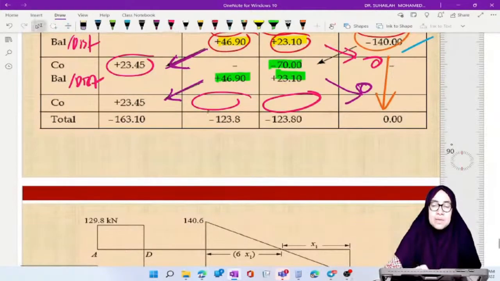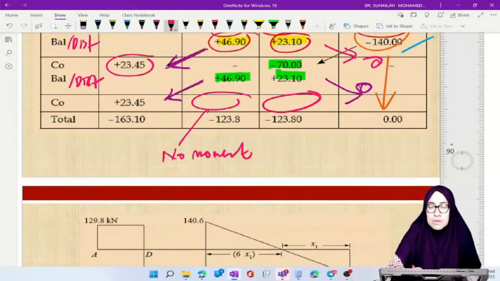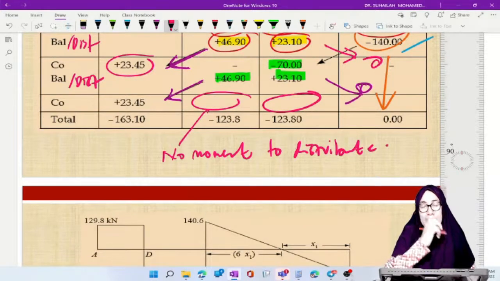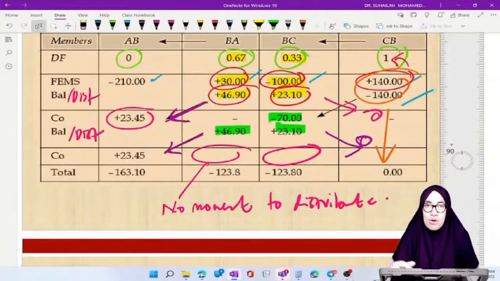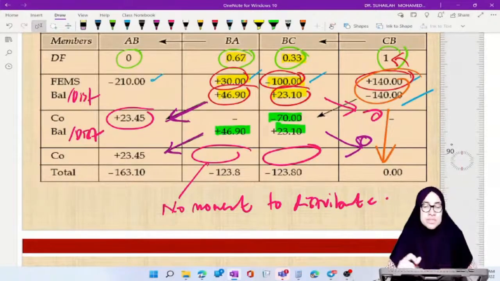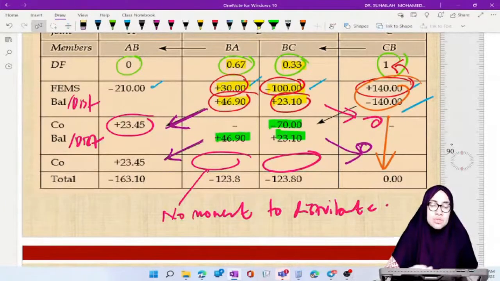What does it mean? No moment to distribute. When there is no moment to distribute, it means that it is the end of the process.